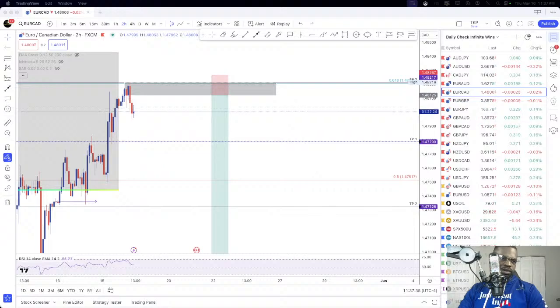Oh, there's Euro CAD. No, wait, that's not Euro CAD. It just had CAD at the end. Oh, there it is. Euro CAD. And you said we're doing a market order?